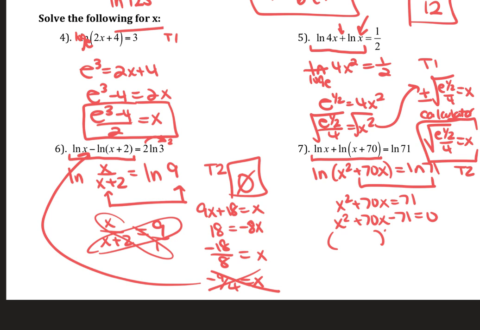And then try to factor that. 2 numbers that multiply together to give me negative 71 and add together to give me 70 would be positive 71 and negative 1. Giving me negative 71 and positive 1 as potential answers. Plugging both of those back in to check, the 1 will work, but the negative 71 will not.